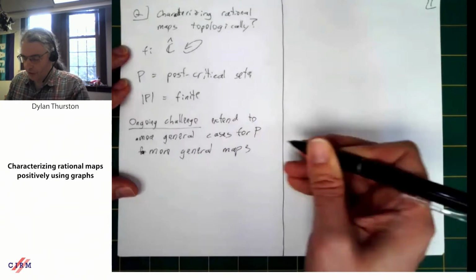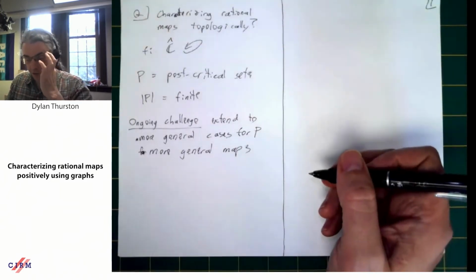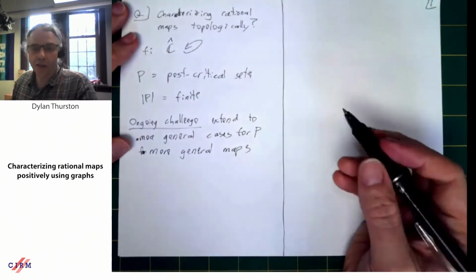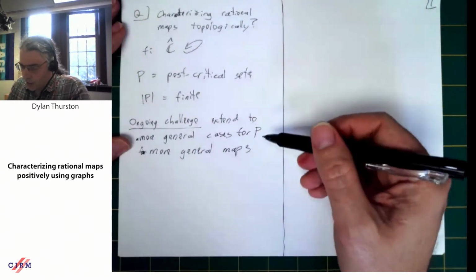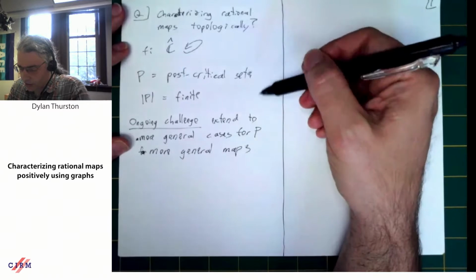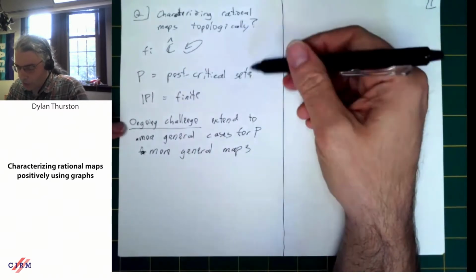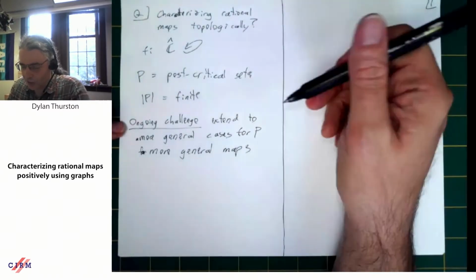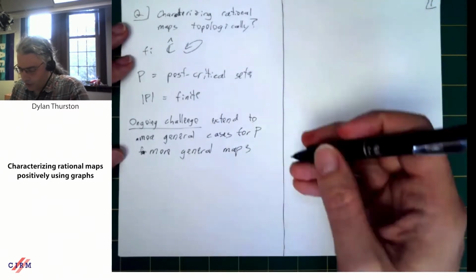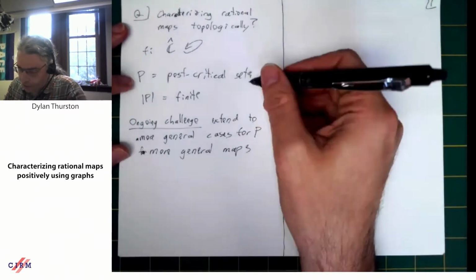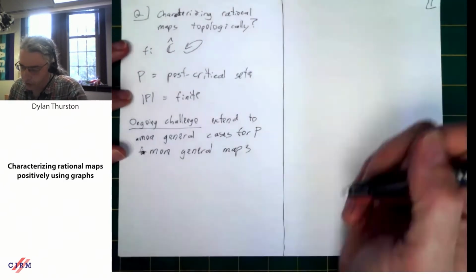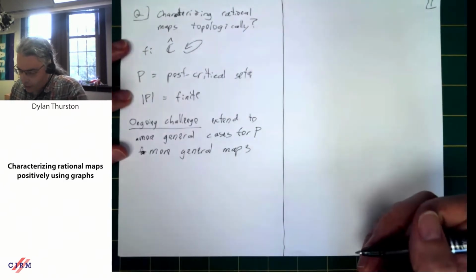For instance, transcendental maps. A lot of the pictures that I'm going to draw look very similar to the ones that Bernhard Reinke was drawing for transcendental maps, and there are some partial results about how you can do similar characterizations in that setting, but I don't want to summarize the whole thing. It's an ongoing challenge. There's some progress, but there's still much more to be done. But for this talk, I want to restrict to the case of finite sets P.